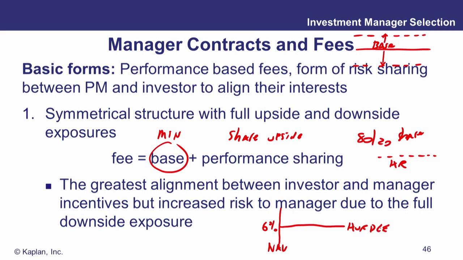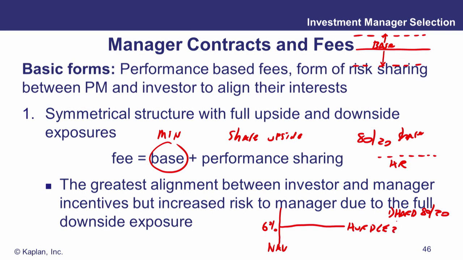Now in the variety of different structures here, we have what's called a hard and a soft version. So if we have a hard hurdle, then if you make the hurdle rate, we will share 80-20 with the manager and the investors, only on the amount above the hurdle return.